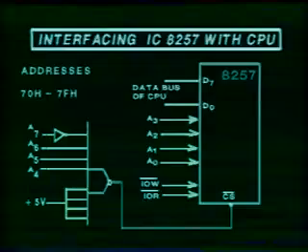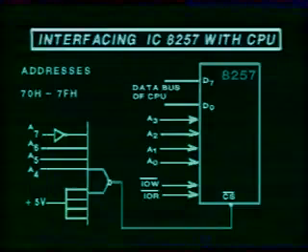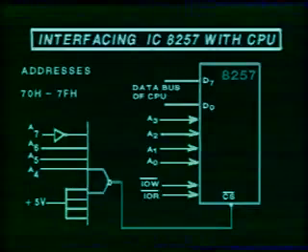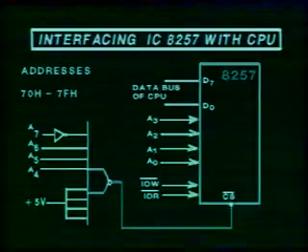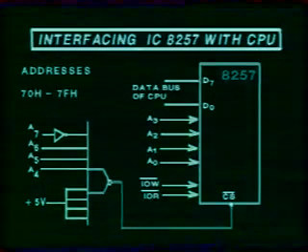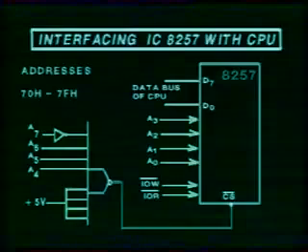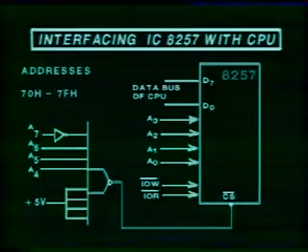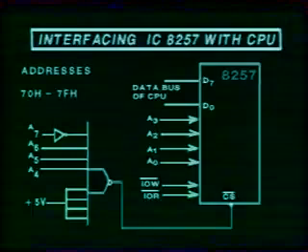In other words, if the address on A7 is 0, the address on A6 is 1, A5 is 1, A4 is 1, this particular DMA controller will be selected by the I/O map with addresses A3, A2, A1, A0 representing the various registers inside this DMA controller.